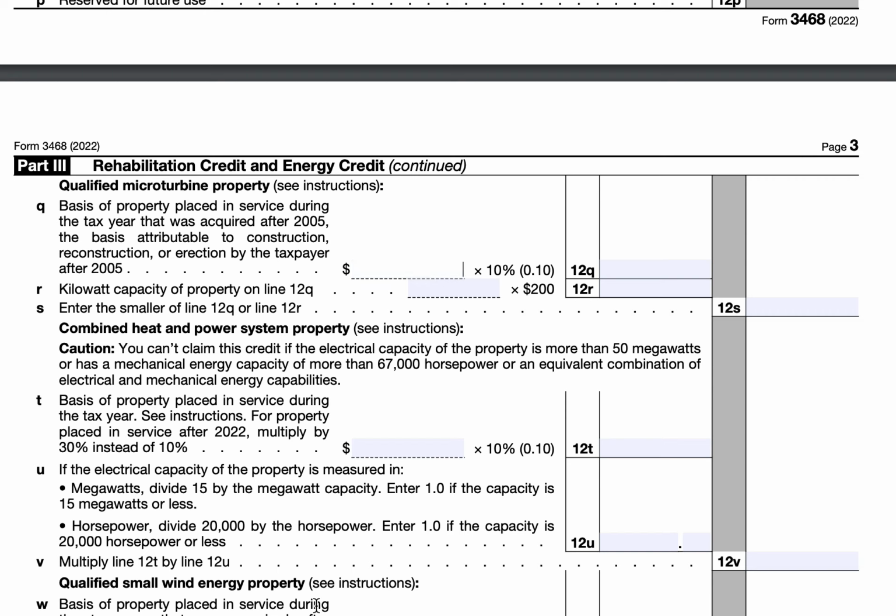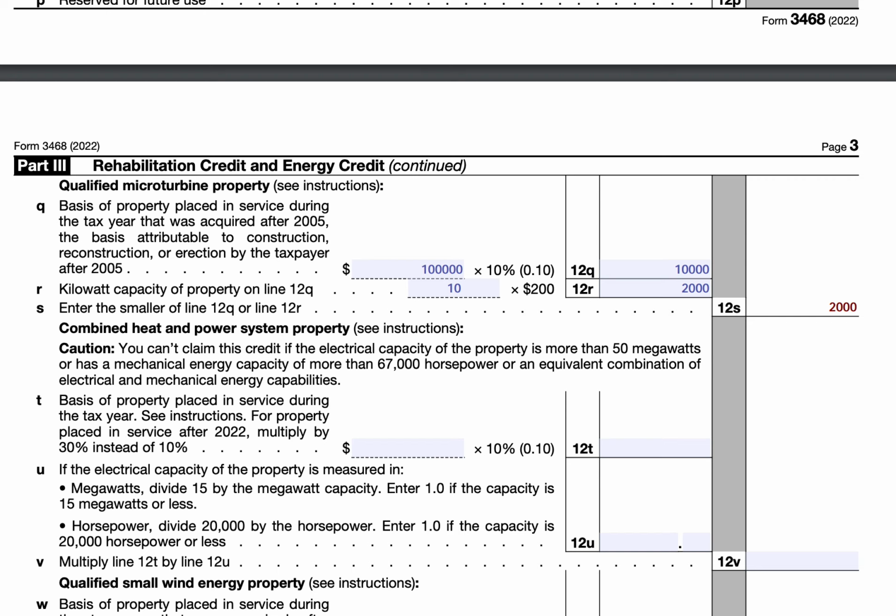So let's just say that we spent $100,000 on this and it generates 10 kilowatts, right? So we're either taking a $10,000 tax credit or a $2,000 tax credit. So you can guess which one we're going to take. We're going to take the smaller of the two.